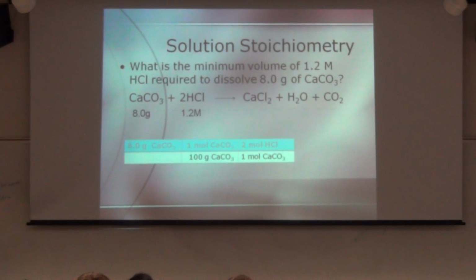So that's going to be our first step. Go from grams of calcium carbonate to moles of calcium carbonate to moles of hydrochloric acid. You want to make sure that your equation is balanced correctly, or double check that it is balanced if it's given to you. So when we plug and chug through this, you should find that you get 0.16 moles of HCl.